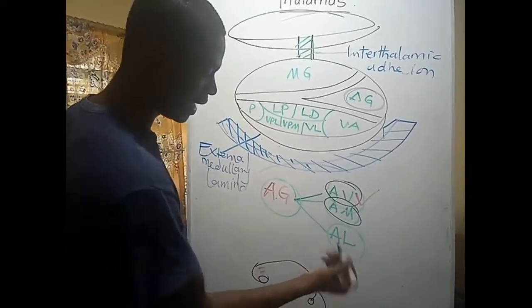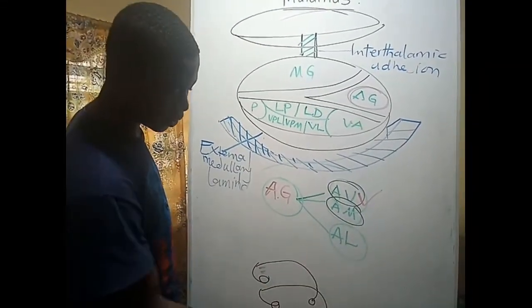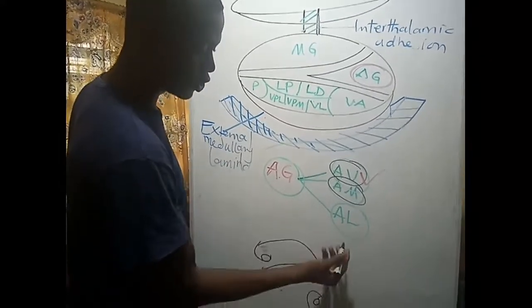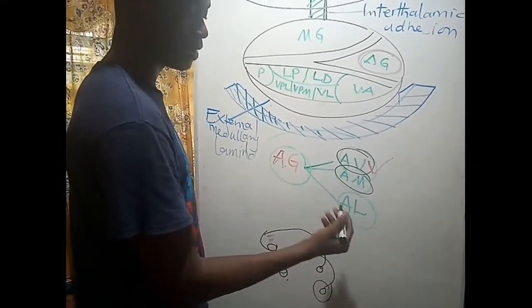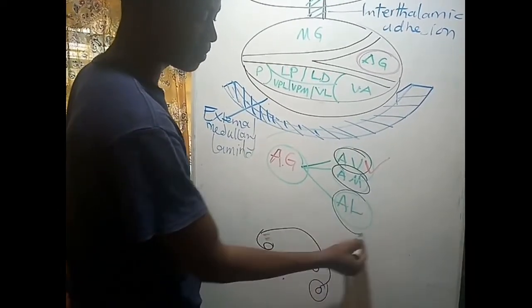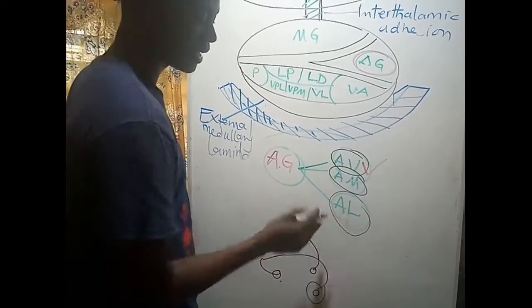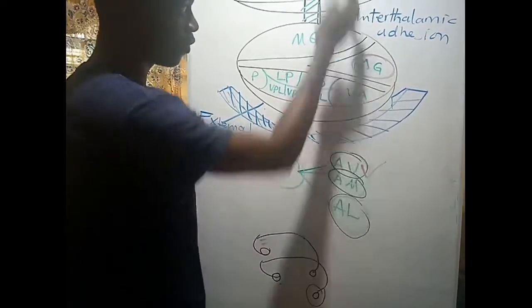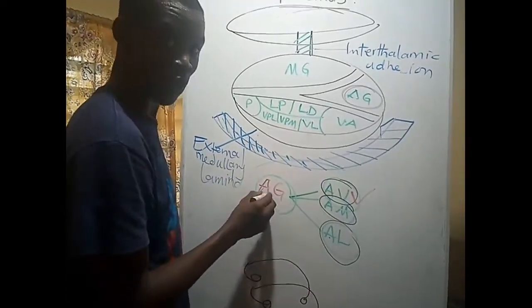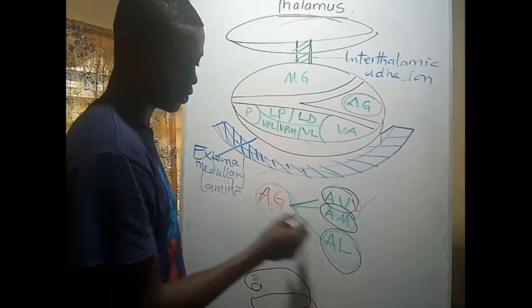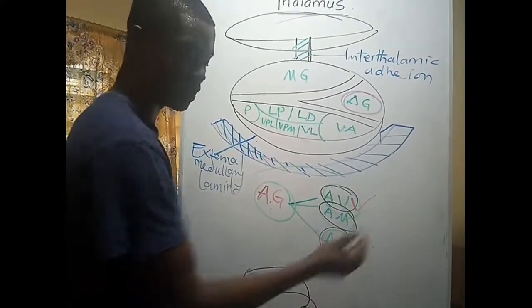And then the lateral mammillary nucleus. Fibers arising from the lateral mammillary nucleus will move through the mammillothalamic tract and synapse bilaterally, so in both thalami, in the anterolateral nuclei before they move to the cingulate gyrus.